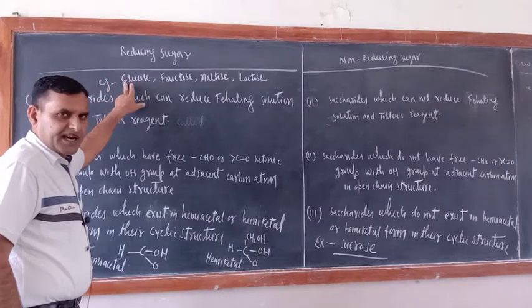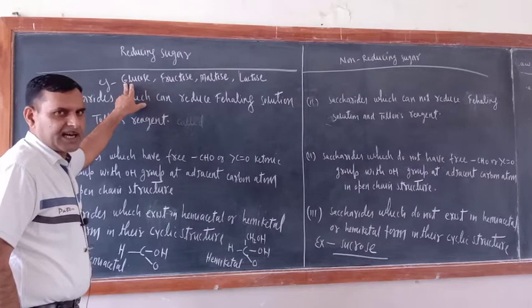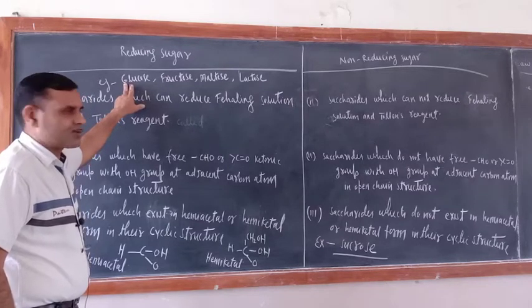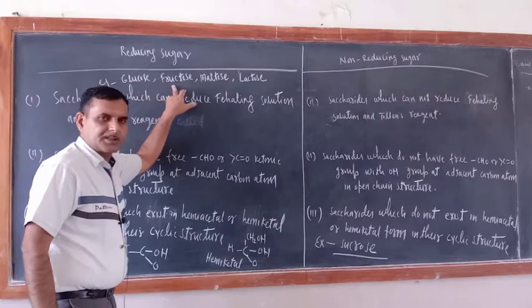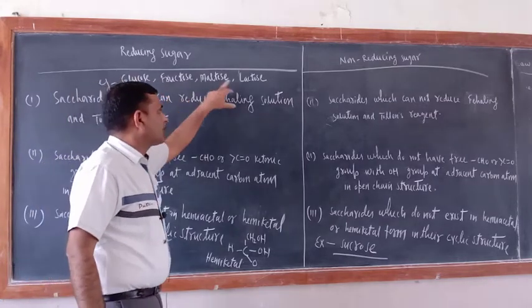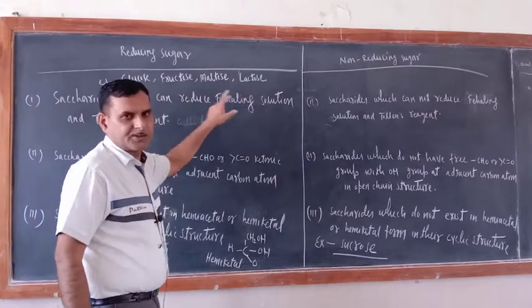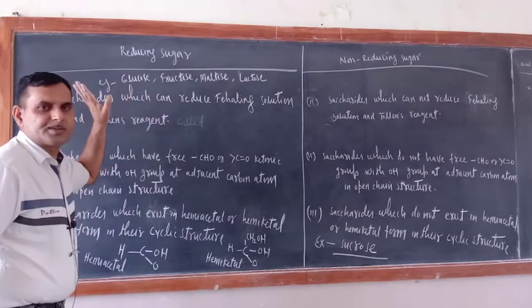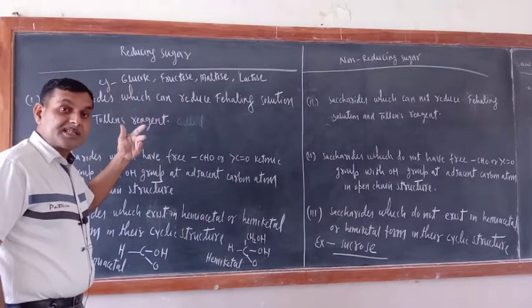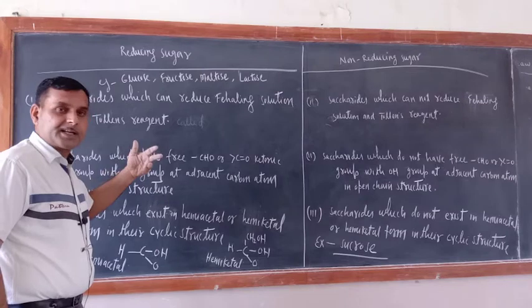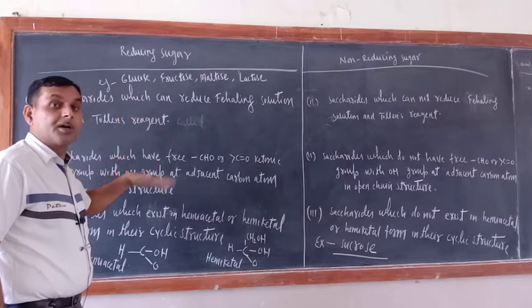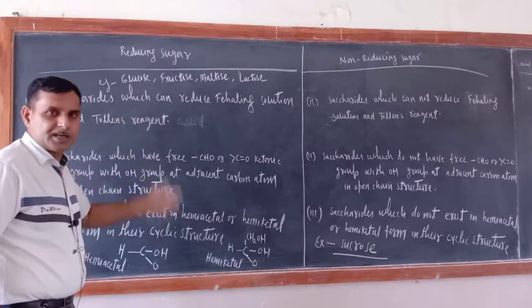Actually monosaccharides and some of disaccharides, they are reducing sugar. Glucose, fructose, that is monosaccharide. Maltose and lactose, they are disaccharides. Okay, so these are reducing sugar. Okay, so what are the characteristics that they have got, like reducing character?